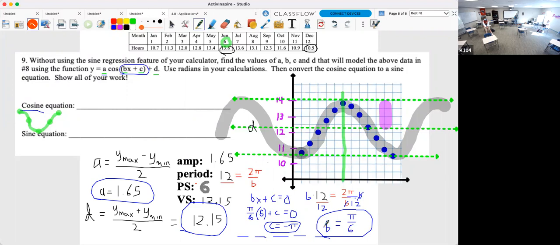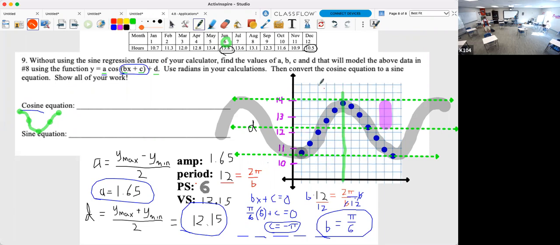Okay, last thing. The way you convert from a cosine equation to a sine equation is you have to start the sine equation a quarter period left of where you started the cosine equation.